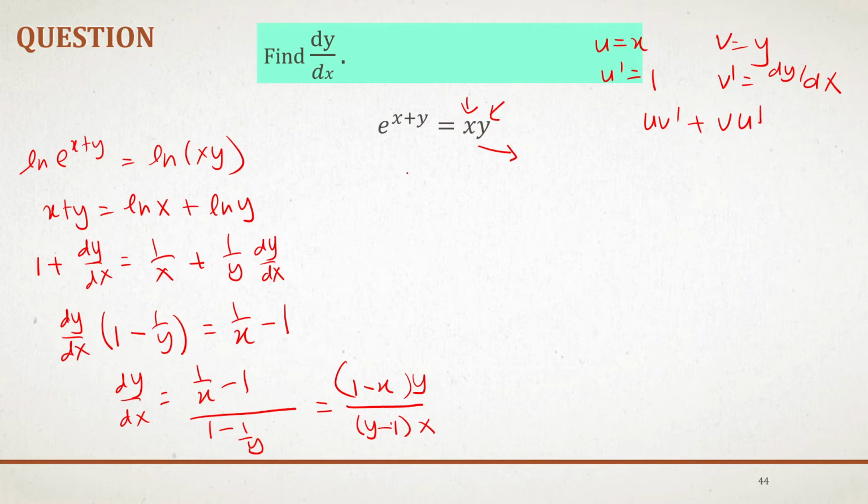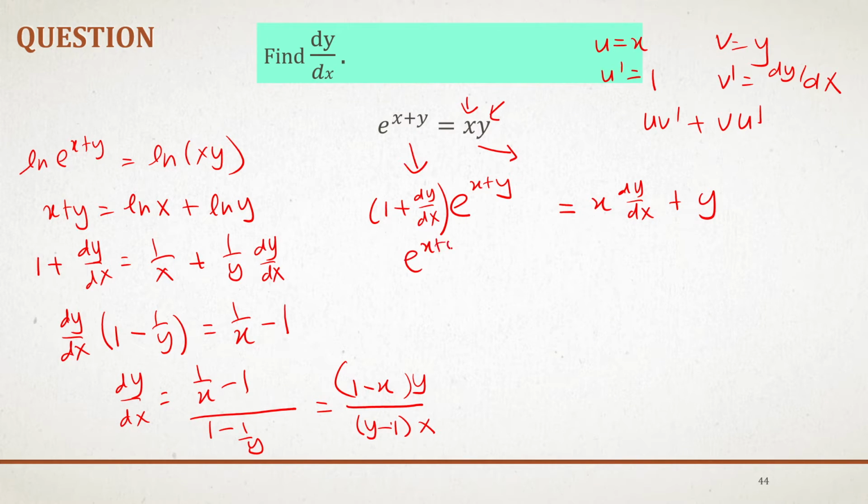So I'm going to have this one: first thing, the exponent, copy back, and then differentiate the one on top, which is 1 + dy/dx, and then equal this one, I copy back, u dv/dx, x dy/dx + y. And of course, I need to rearrange.